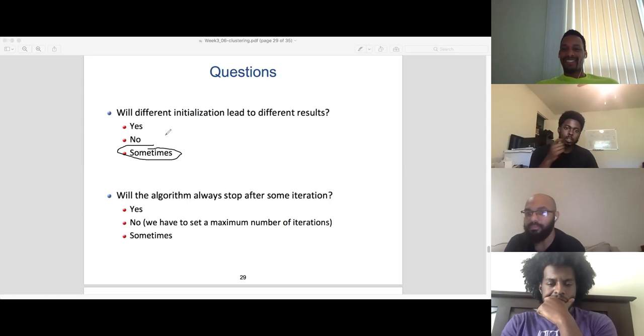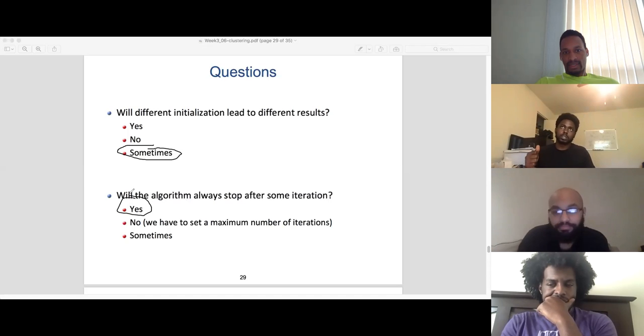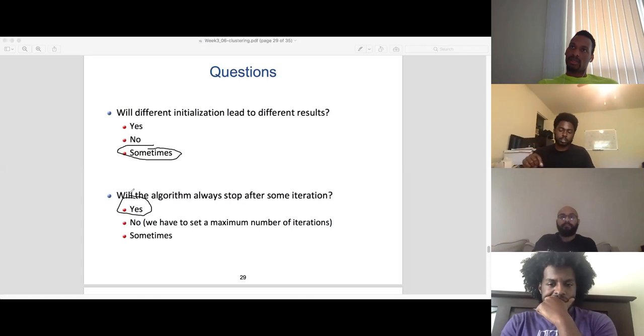Okay. So the answer is yes. One way you can think about that is that there's going to be some choice for each data point. It's going to be assigned to whatever centroid.